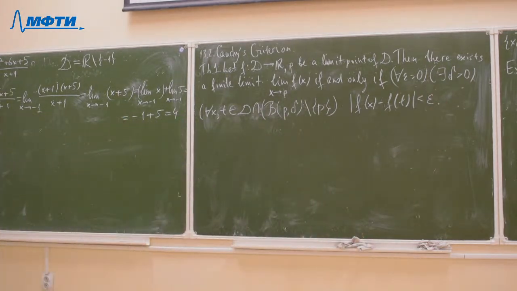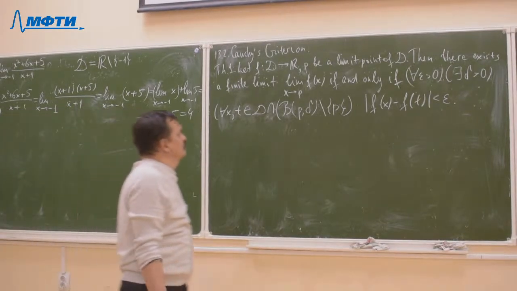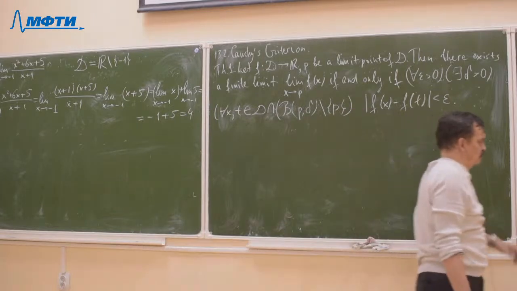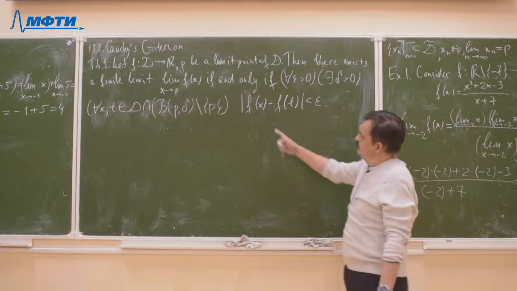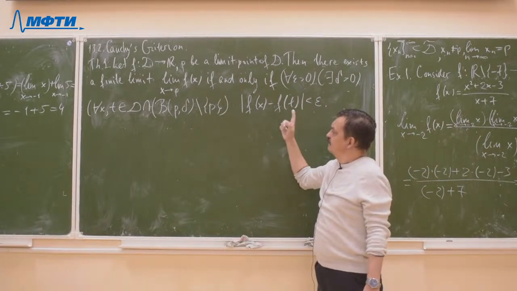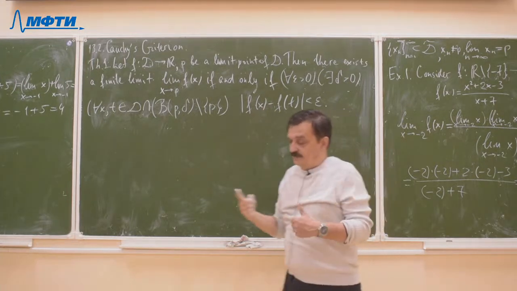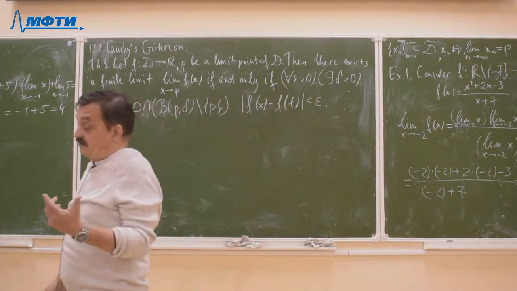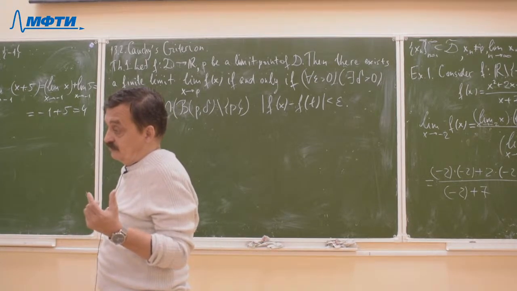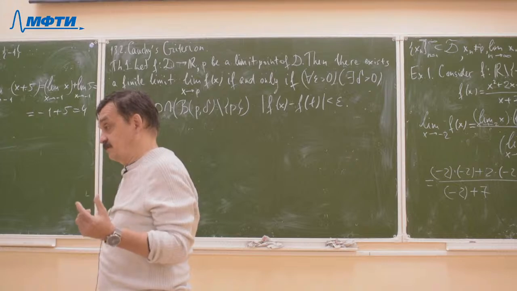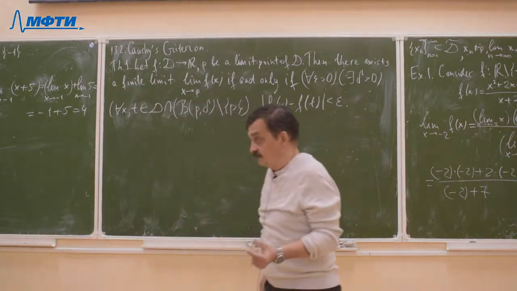So, if you compare it with the Cauchy definition, in the Cauchy definition we had the inequality absolute value of f of x minus the limit smaller than epsilon. In the definition we wanted to have values of the function as close to the limit as we want.